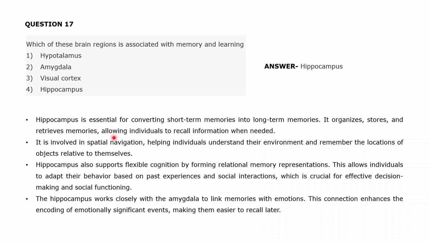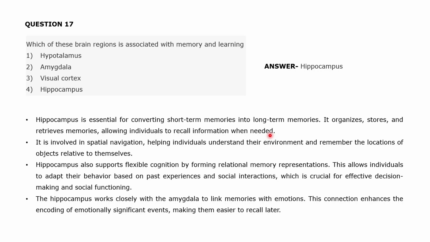Apart from that, it is also involved in spatial navigation, because in order to move from one place to another, or to familiarize yourself with a place, you need to understand the environment, or the surrounding atmosphere, first.